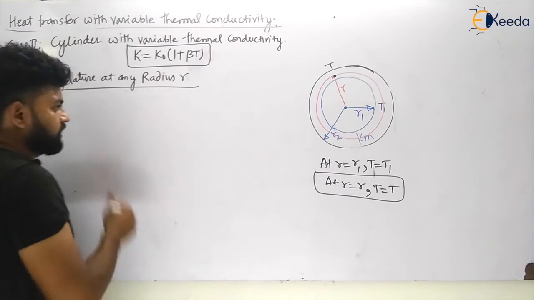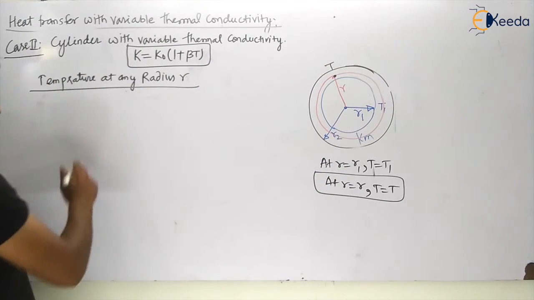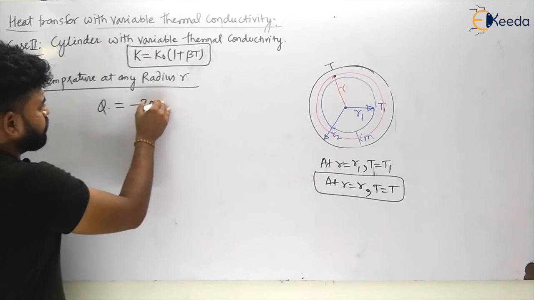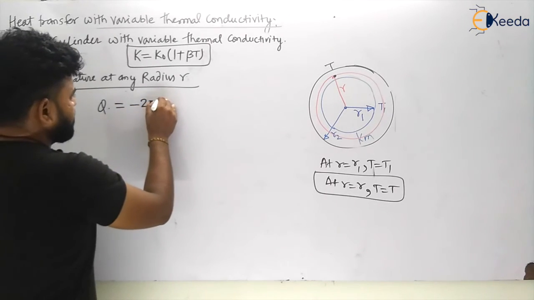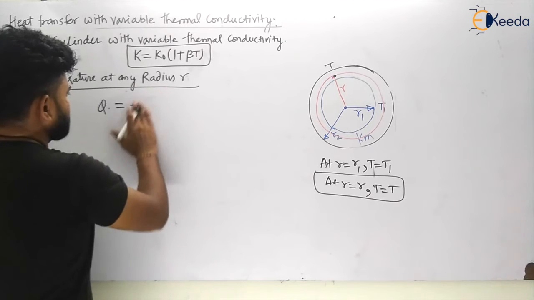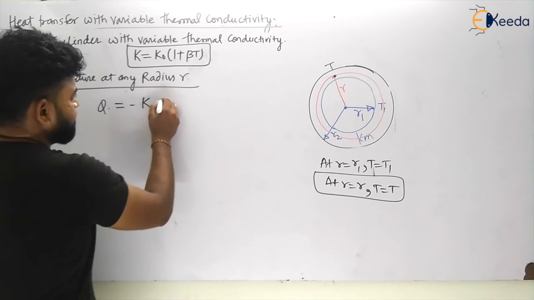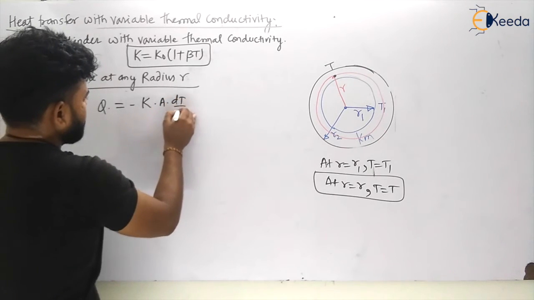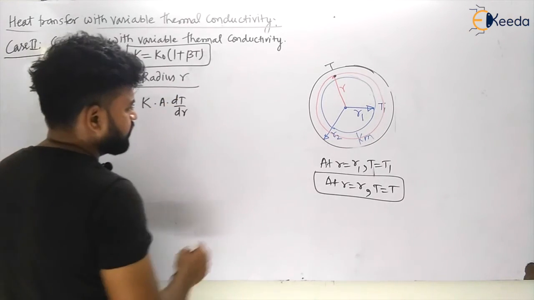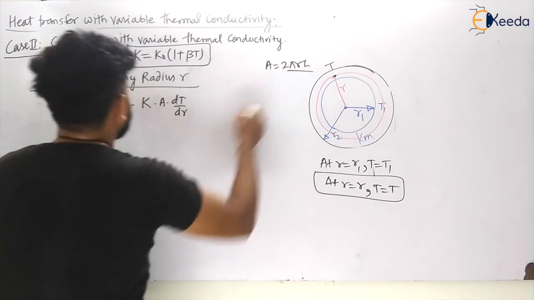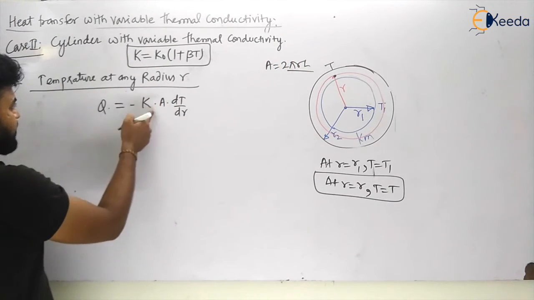I have to calculate this T. So again, this will be given by Q equals K into area into dT by dr. The area in this case will again be 2 pi r L.